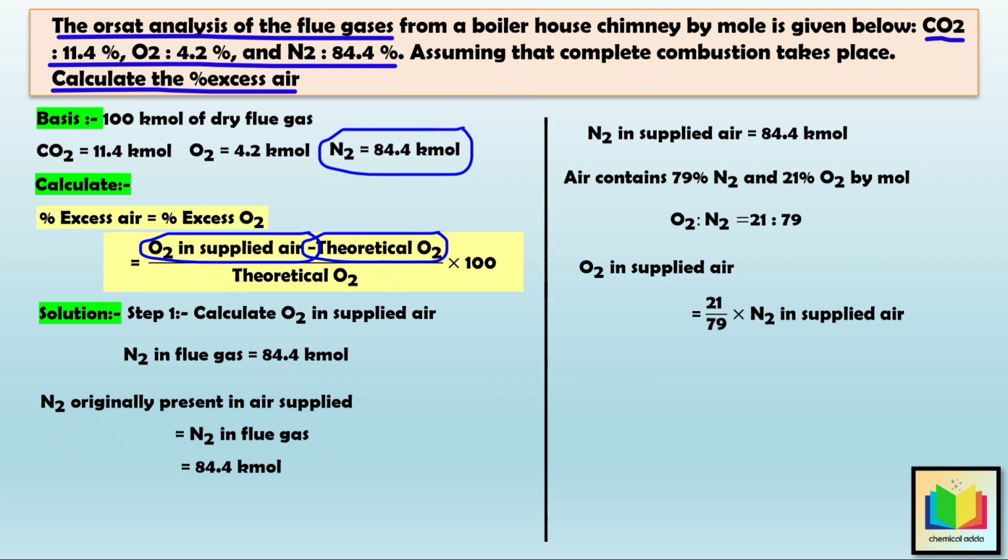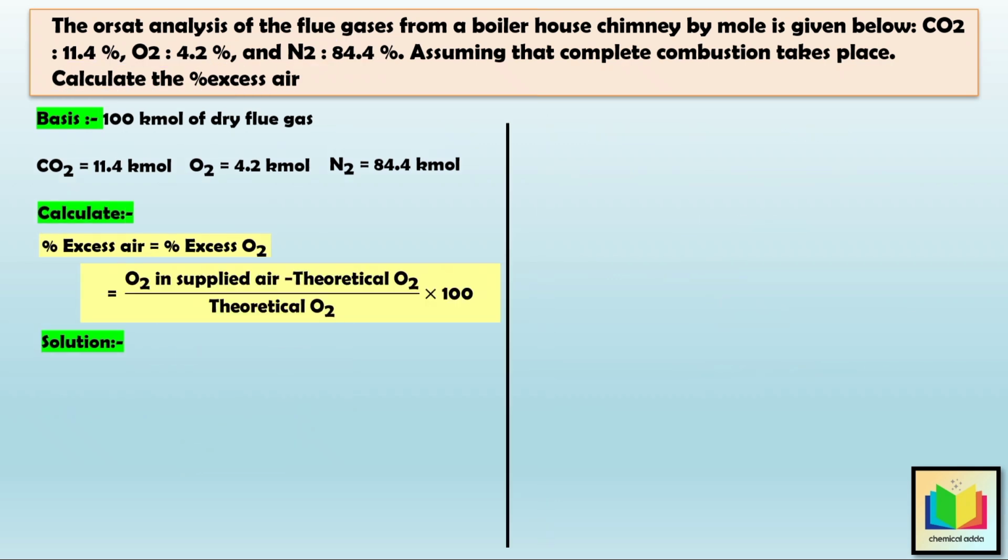After putting the value, we get O2 in supplied air is equal to 21 by 79 into 84.4. After solving this, we get O2 in supplied air is equal to 22.435 kmol. In this way, the first term of the formula, that is, O2 in supplied air, is calculated.